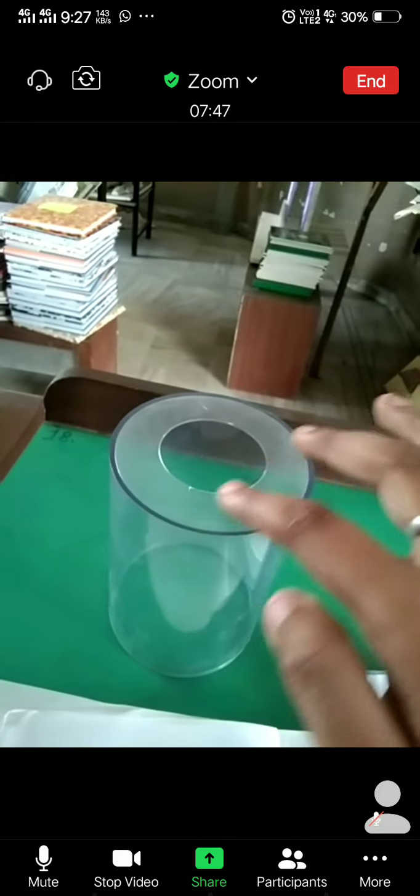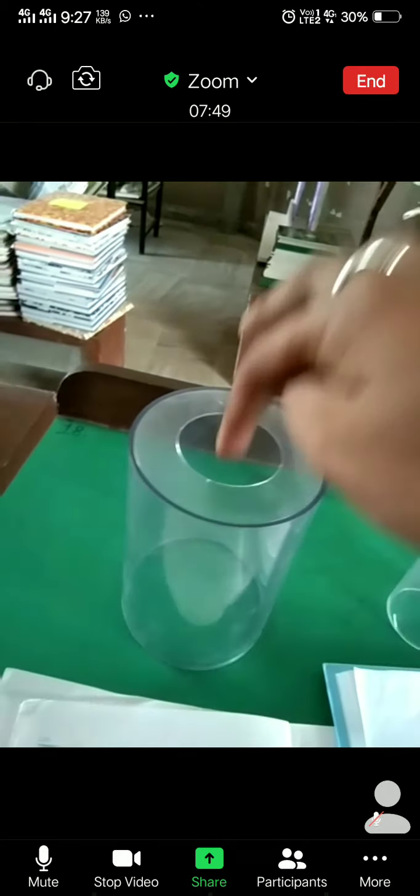This is the outer curved surface area. I can touch here, moving around, and here also. Just ignore this thickness. I cannot touch inside here. As you can see, these two disks are the same areas.